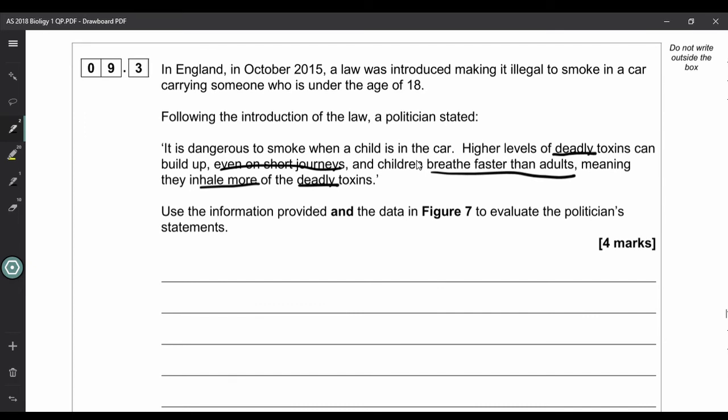if we look at the marks that students gained during the exam, just over 1% of students got all 4 marks because not enough students were making use of the data that was in the bar chart, or making use of that term significant difference, i.e. pointing to the overlap or the non-overlap of the two SD bars.